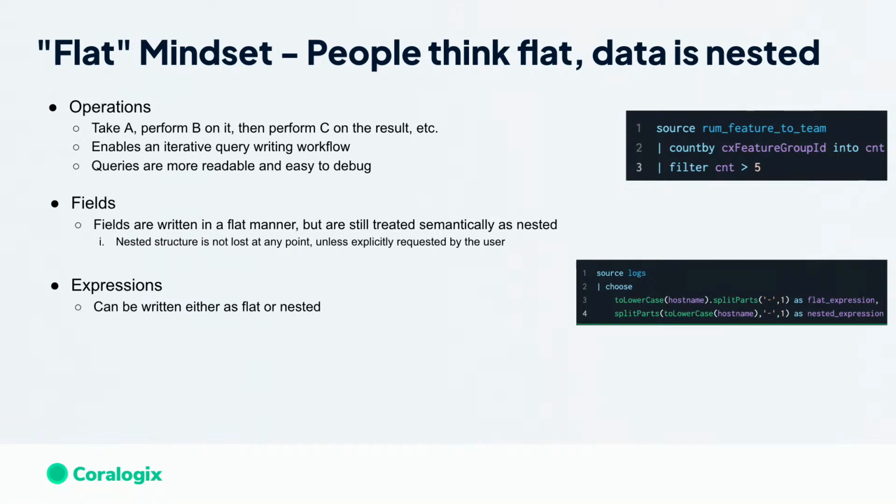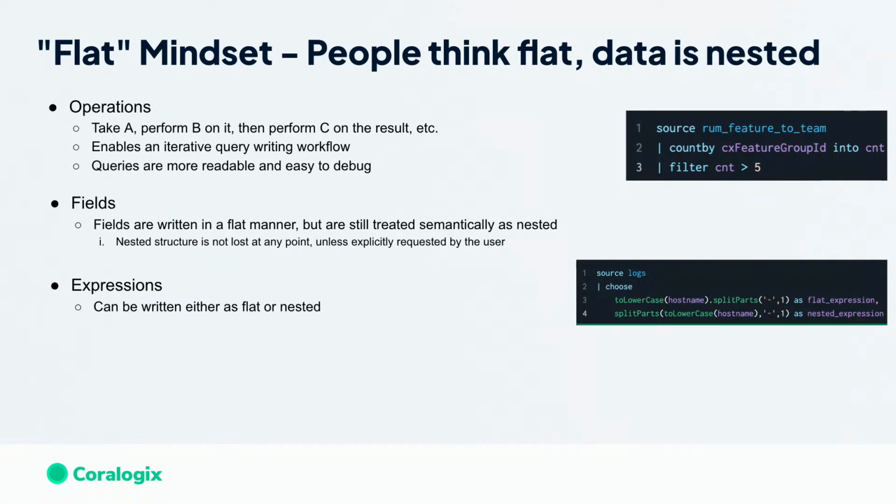Expressions are also flat by nature, but because there are many people who are used to nested expressions, we support both. In the example on the right side, you can see toLowerCase on hostname and then splitPart, and I could add another period and then do something else, all as a flat expression.